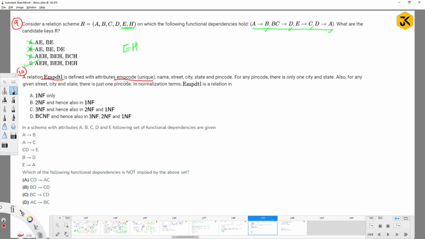In normalization terms, EMPTD1 is in what normal form? Can you say? What might be the answer for this?